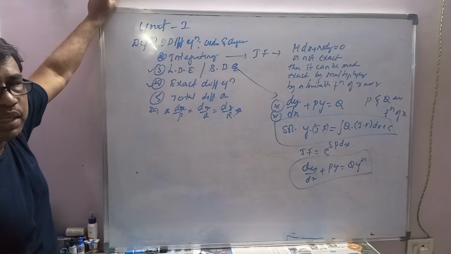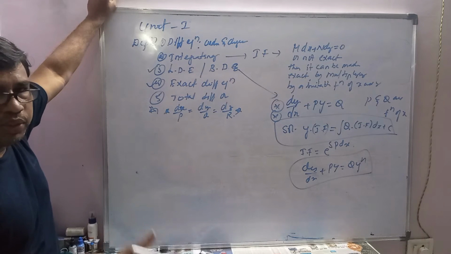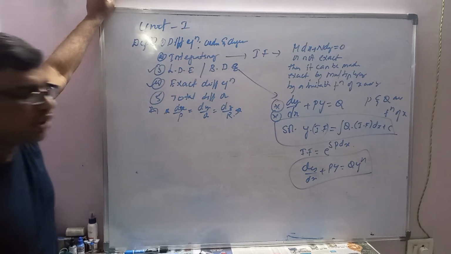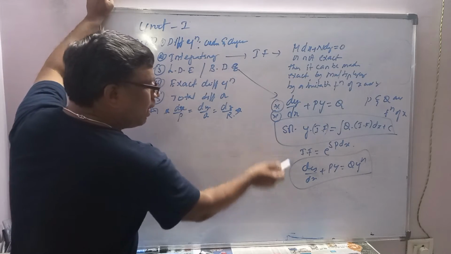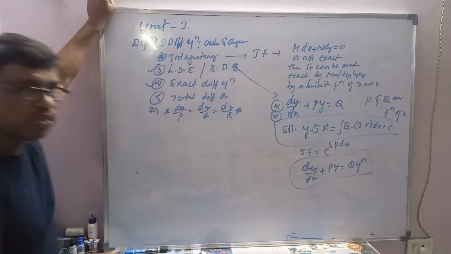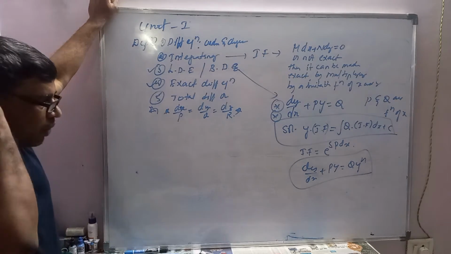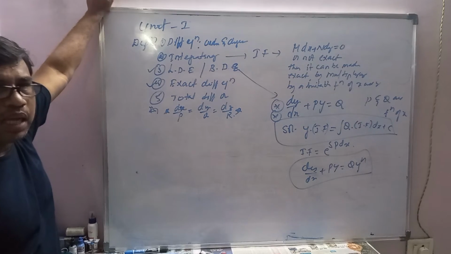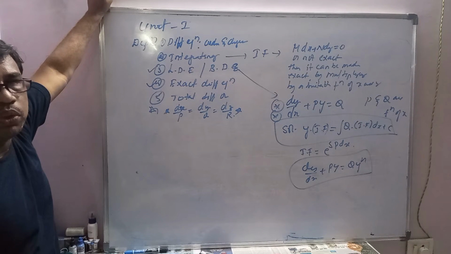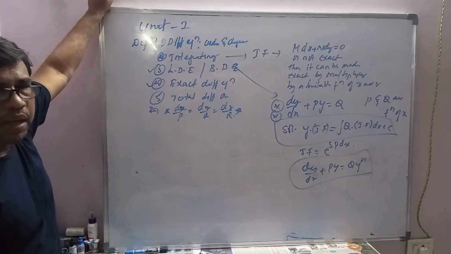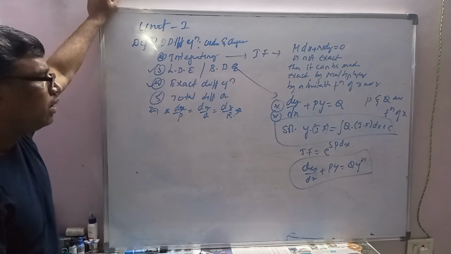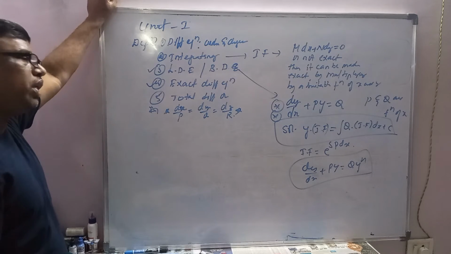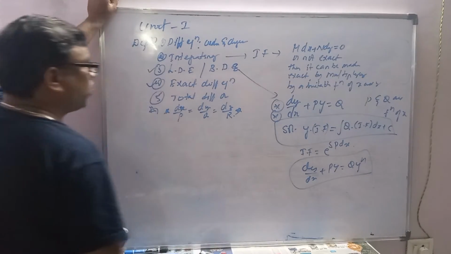Put y power minus n, or y to the power of 1 minus n, is equal to t or some other new variable, then it reduces to a linear differential equation. Both procedures are similar; only one extra step here.